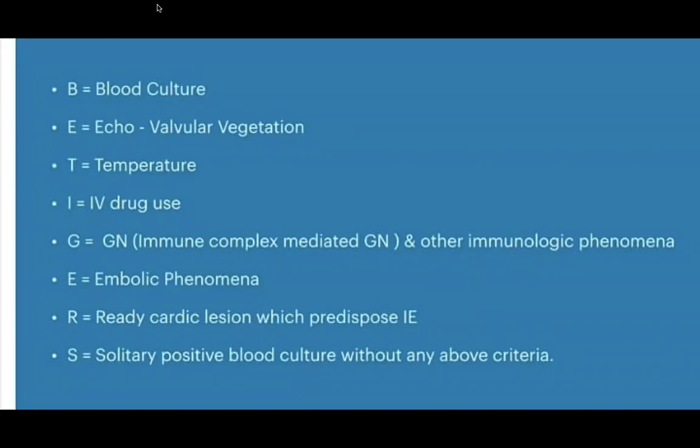I for IV drug use. G for the immunological complex-mediated glomerulonephritis and other immunological phenomena. E for embolic phenomena. R, predisposing cardiac lesion for infective endocarditis, and S, solitary positive blood culture without any of the above criteria.